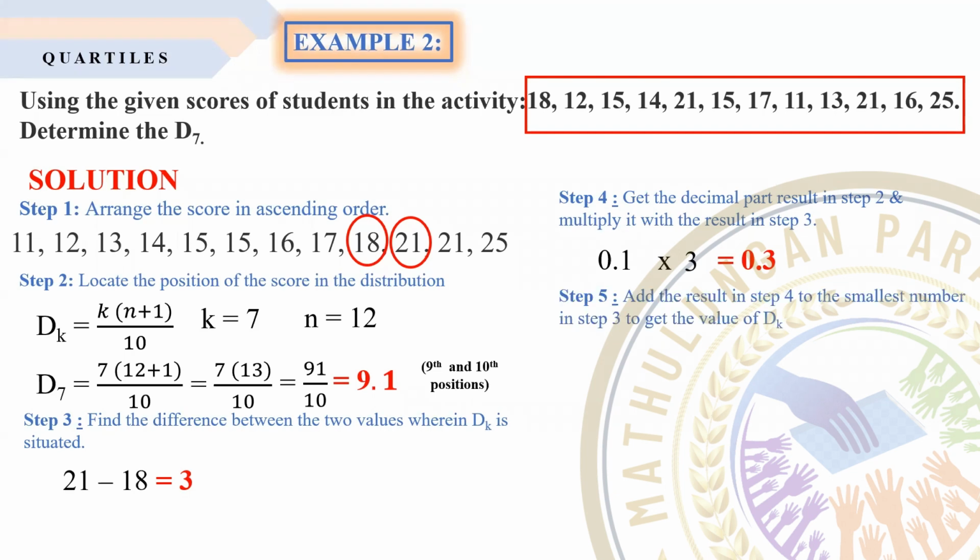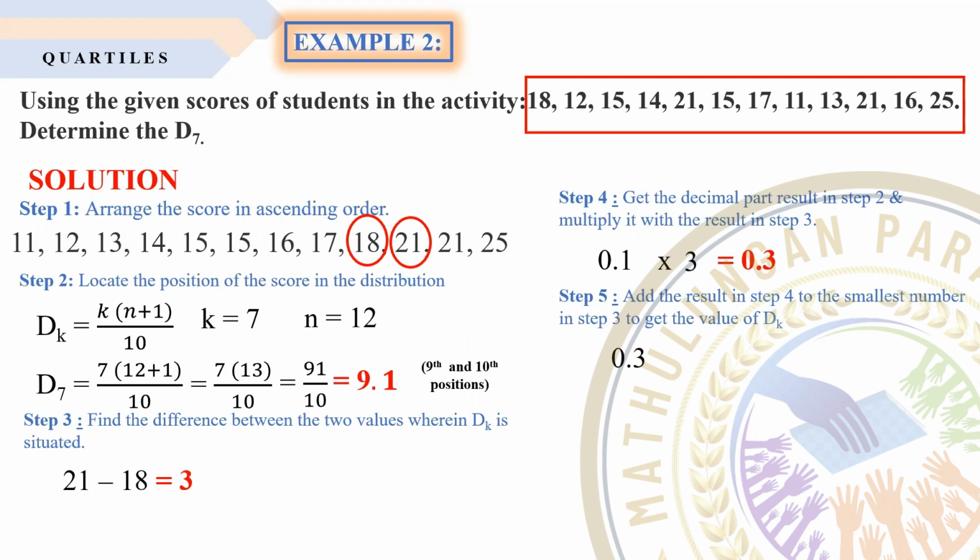And the last step, add the result in step 4 to the smallest number in step 3 to get the value of d sub k. Okay, so ano ba yung sagot natin na nakuha sa step 4 which is 0.3. I-add daw natin siya sa smallest number doon sa ating step 3.